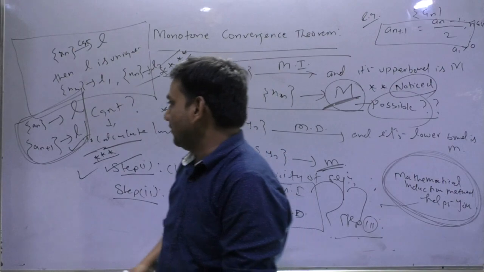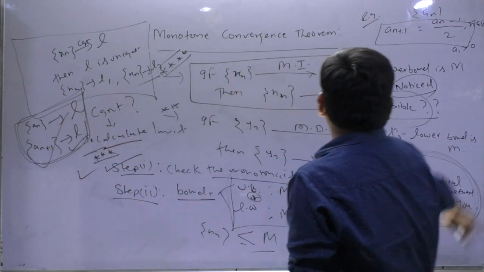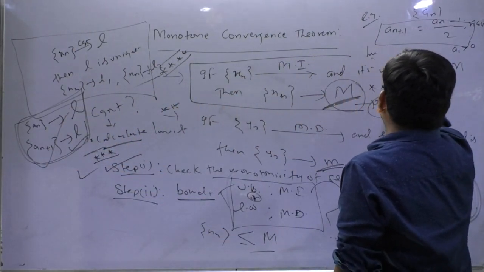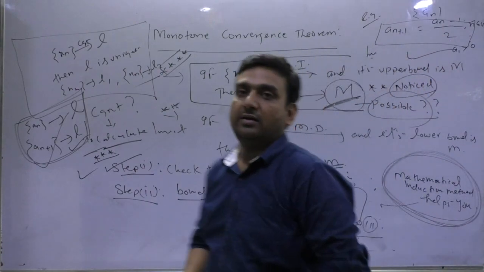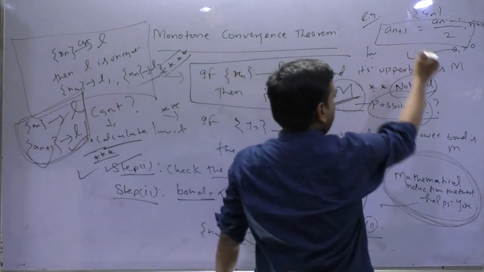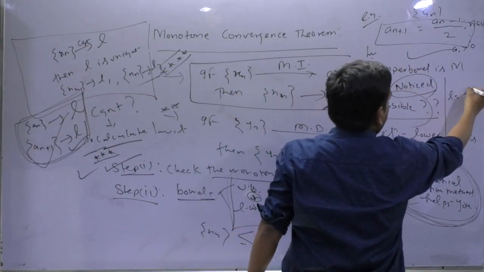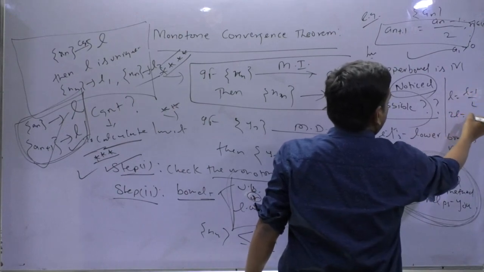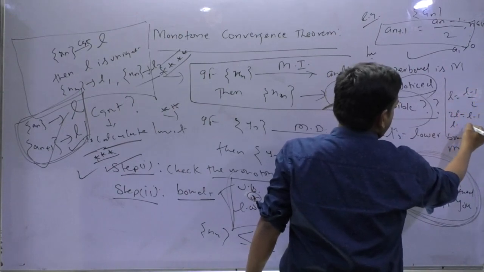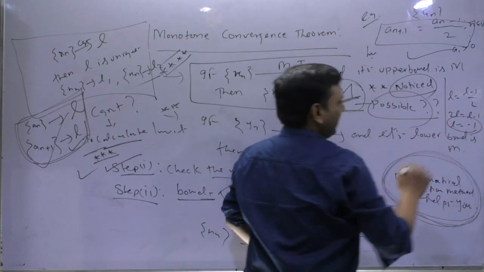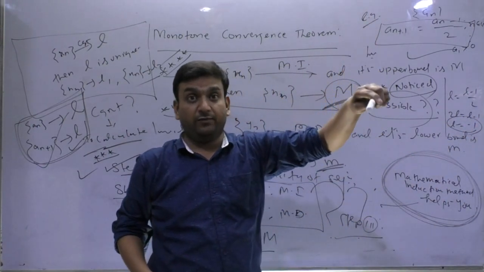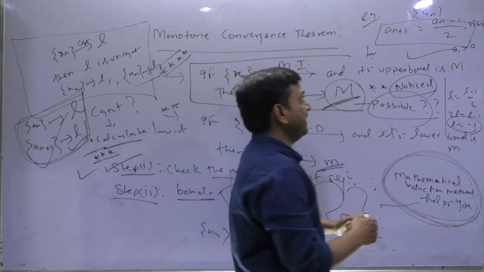So I will use this thing here: taking the limit on both sides. If this comes out to be monotonic and convergent, I will have something like this.